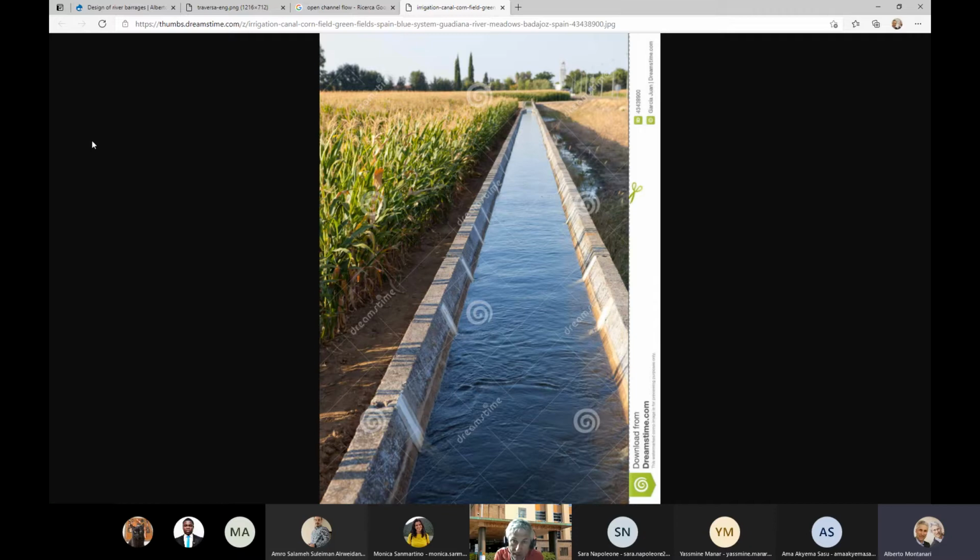It means that the soil must be, of course, prone to infiltration, because when you irrigate, you want water infiltrating into the ground. And you see that to reduce infiltration, they used a canal made of cement concrete, which is not nice to see. On the other hand, it's very effective at reducing the water losses.